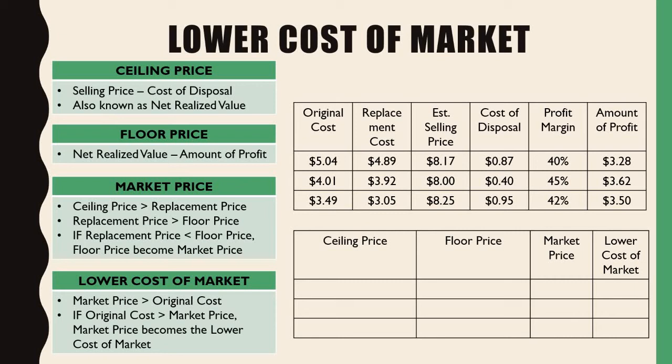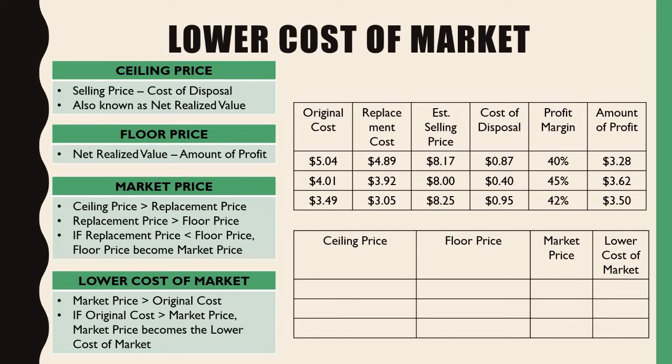So let's go ahead and take a look at the first example here. If I purchase an item for $5.04, and the replacement cost for it is now $4.89, the estimated selling price is going to be $8.17, and then the cost of disposal is going to cost me 87 cents to get rid of the item, okay?